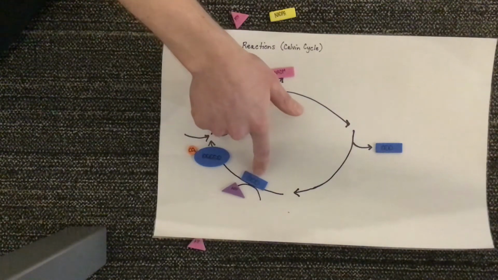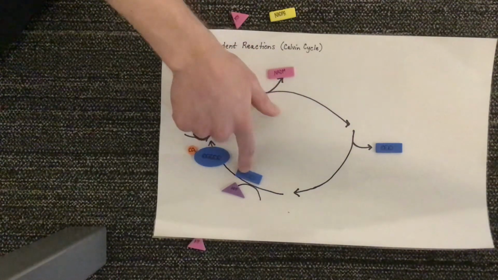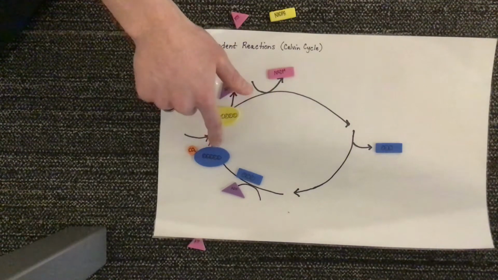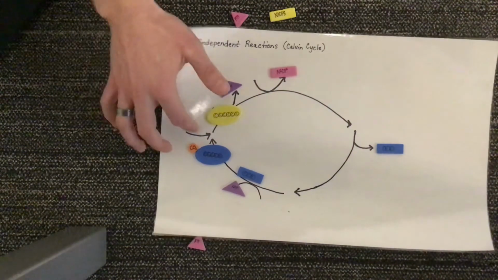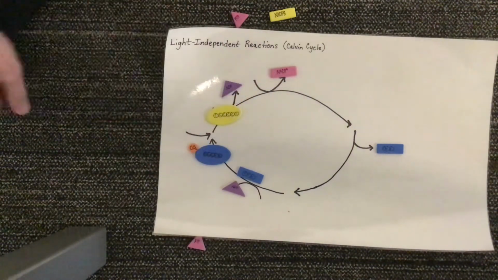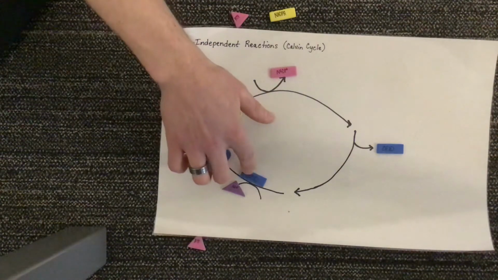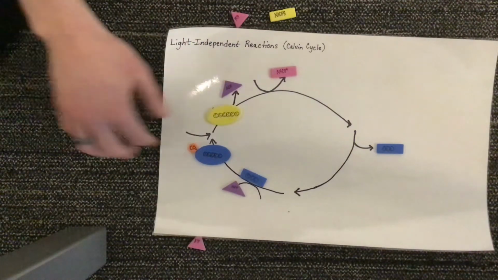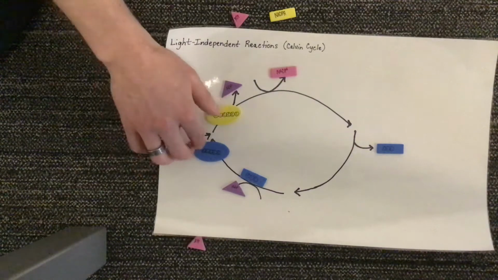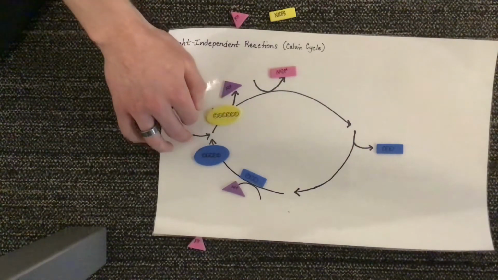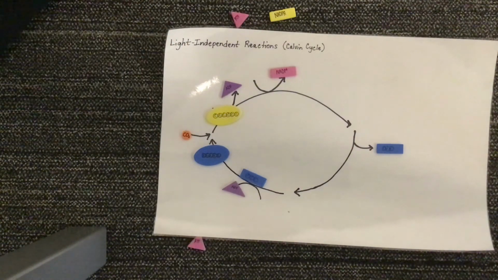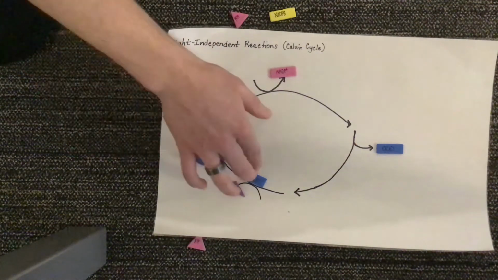And then this transformation is going to happen where this 3-carbon molecule is going to be turned into this 5-carbon molecule again. So we're going to go from a 3-carbon molecule into a 5-carbon molecule. All right. However, you may have noticed still that we have not completely made glucose. So we are going to need to go through this process one more time.